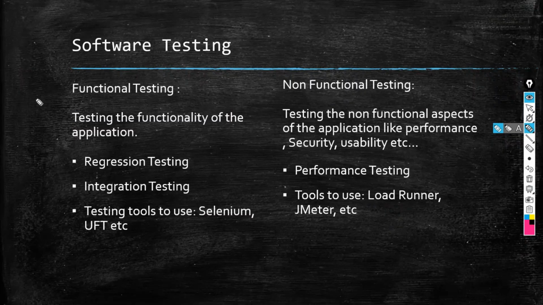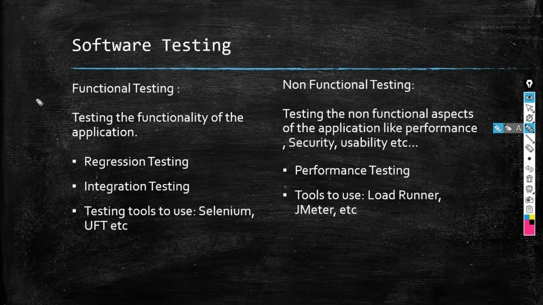The same functionality you can also test as part of your regular regression testing by using automation tools like Selenium, Playwright, or UFT, or whatever it is. Coming to non-functional testing, here the primary focus will not be on the functionality. Of course, functionality is very important. Without functionality, we cannot run a performance test. The functionality should work as expected for us to run the performance test.